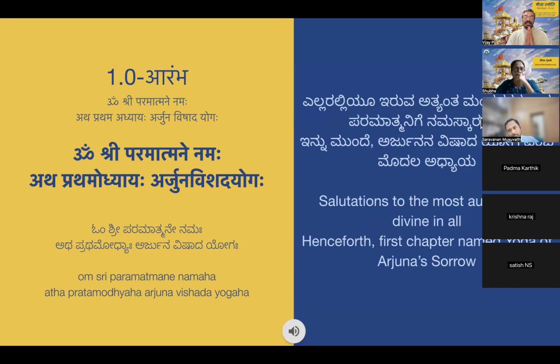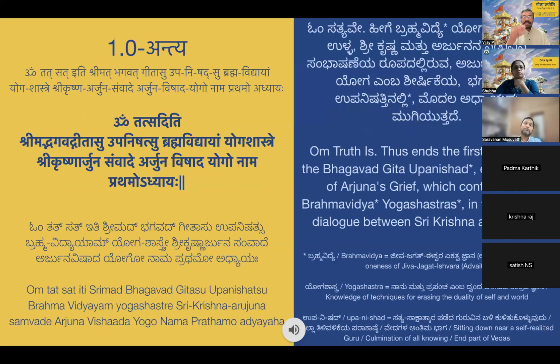So, for the knowledge, and the Paramatma appearing as that knowledge, I have to submit. Om Shri Paramatmane Namaha. And then, of course, every chapter begins with the chapter number and the title of the chapter. Each chapter title has a significance, which we are going to explore today.